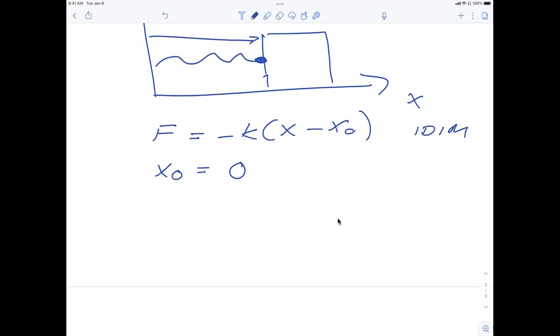Note that when we are not dealing with things in more than 1 dimension, we take away the arrows for vectors. So we put x0 to 0, and that means that F is equal to minus k times x. So it's proportional with the displacement. This is an empirical observation. There is no fundamental law which gives you this behavior.